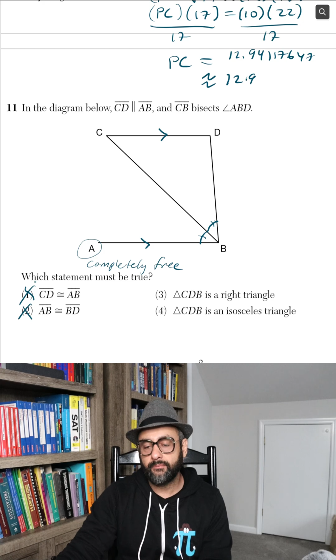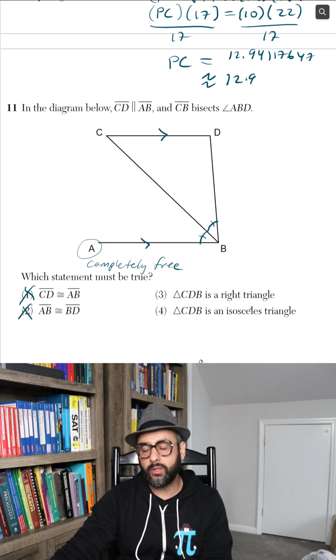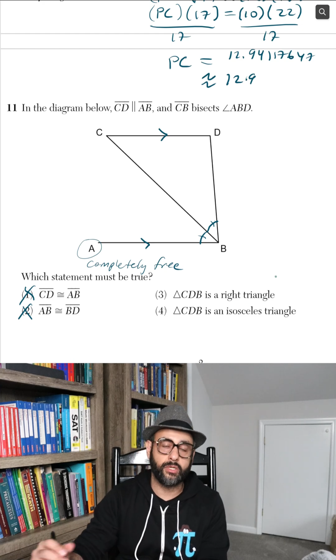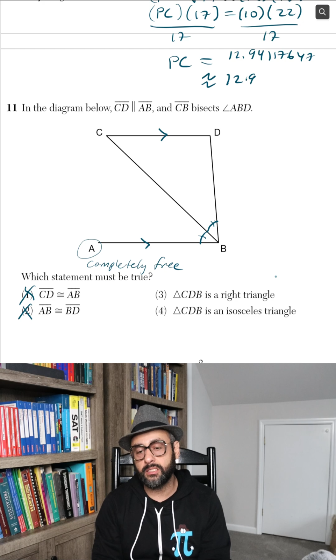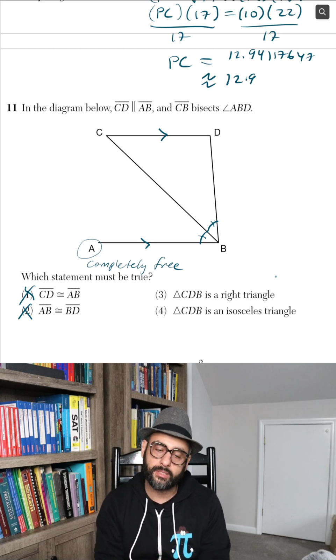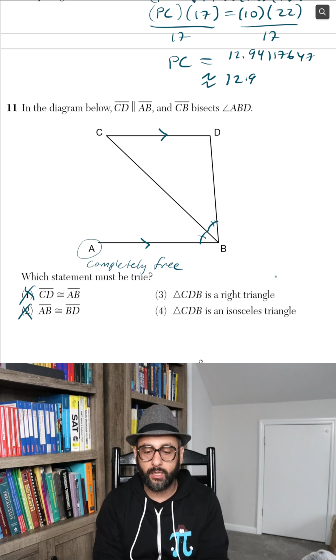The third thing, the question about whether triangle CDB is a right triangle or isosceles triangle, which are the only other two choices. Now, this is what we can say. Does AB look parallel to CD? Yeah, definitely it is parallel to CD. Horizontal lines are parallel. Then those two angles that are said to be congruent, do they look 100% congruent? 100% they look congruent.